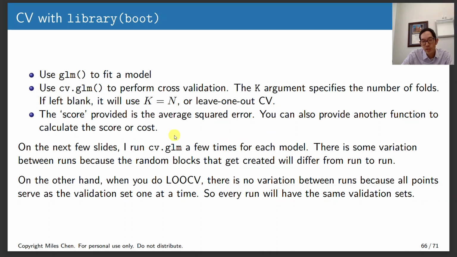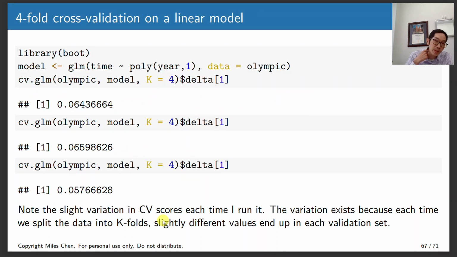So I run cv.glm a few times for each of these models. You're going to see some variation because the random blocks are different with each run. Meanwhile, when you do leave one out cross-validation, there is no variation. Here, for example, for a polynomial linear model, I just do poly 1, or I could have just done year. cv.glm produces slightly different cross-validation scores, 0.064, 0.0659, 0.0576.